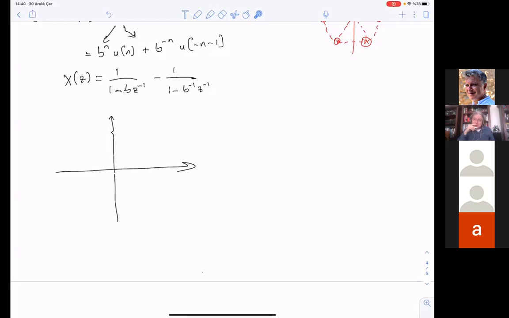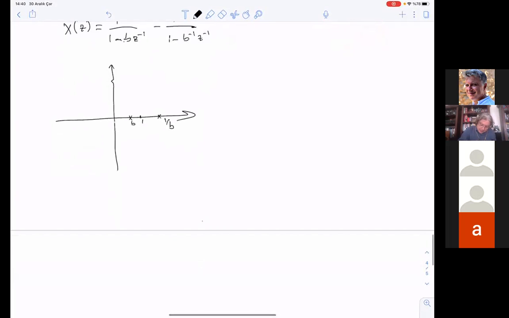So I should better have b to be somewhere here, for example. Maybe 1 is here, so b is less than 1. That would make 1 over b greater than 1, like this. Then things are okay, because this is the radius with a b, and out of it is the region of convergence.